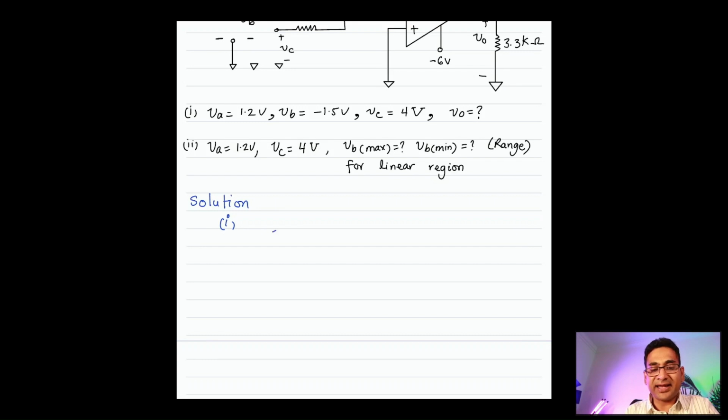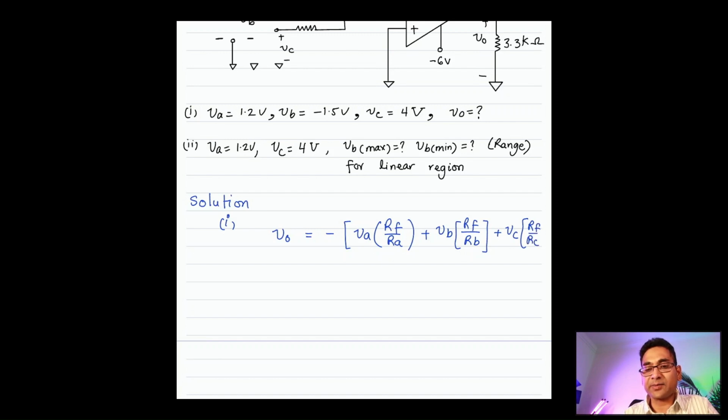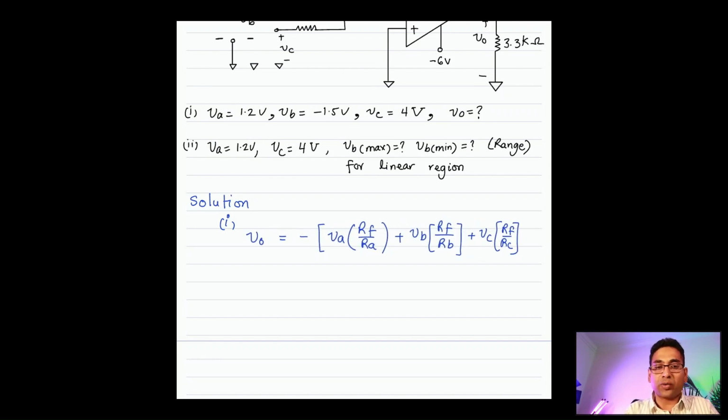I'll simply write the expression for Vout, VO, which is given by the formula: negative of VA times RF over RA, plus VB times RF over RB, plus VC times RF over RC. That is the expression for our output voltage, VO.